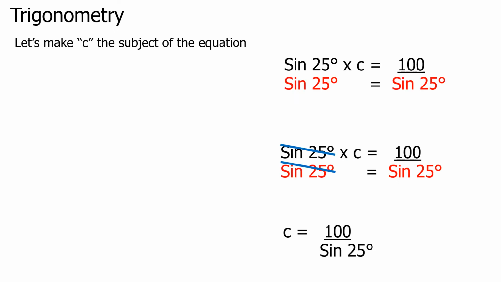I need to get sine on the right hand side of the equal sign, so I can leave C by itself. So I'll divide both sides of the equal sign by sine 25. The sine on the left hand side both cancel out, thus leaving C by itself and the subject of the equation.